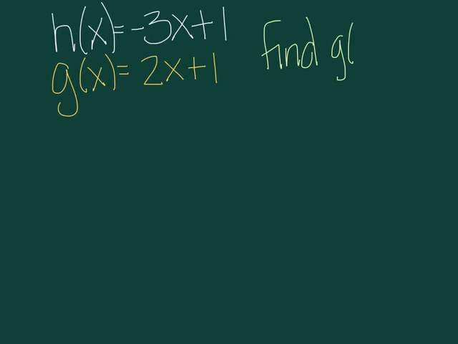g of h of negative 3. This one's already written in that ripple effect format, so I'm just going to start out with h of negative 3. I'm going to take our h of x value and replace x with a negative 3.